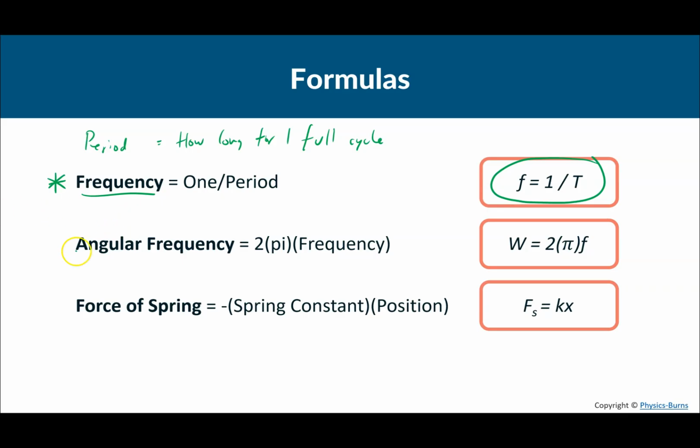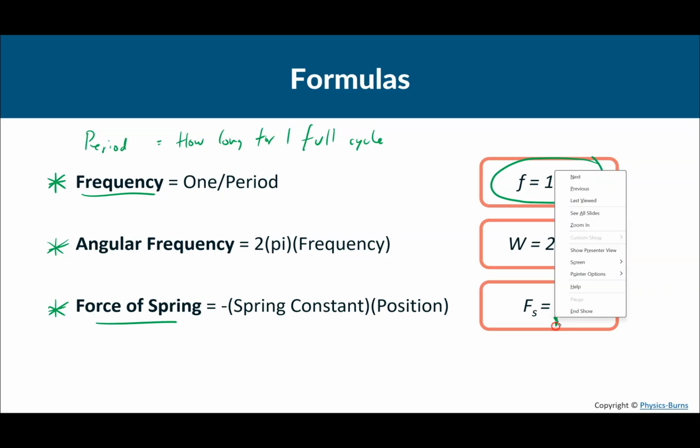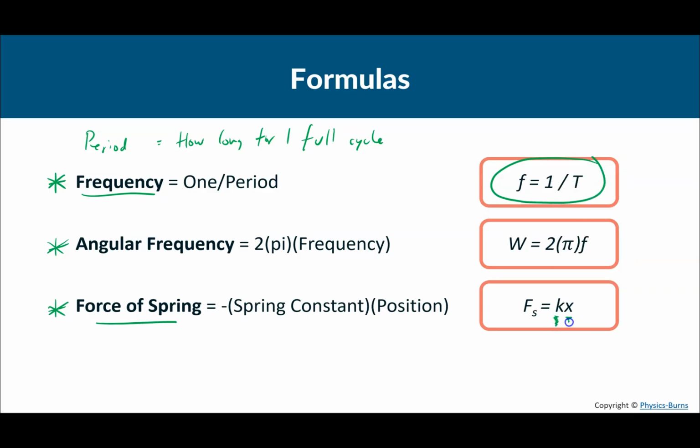Okay, angular frequency, for now you can think about this as like the speed, how fast it's going, but it's a little bit different than that, but that's how you can think about it for now. And this is Hooke's law: force of the spring is equal to the spring constant, how stiff the spring is, times how far it is from the equilibrium position. Okay? All right, moving on.